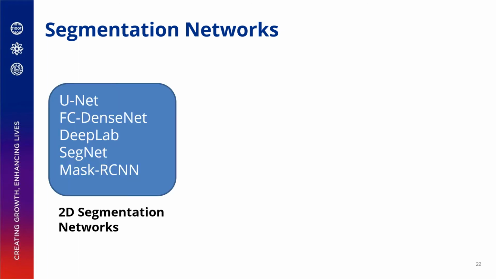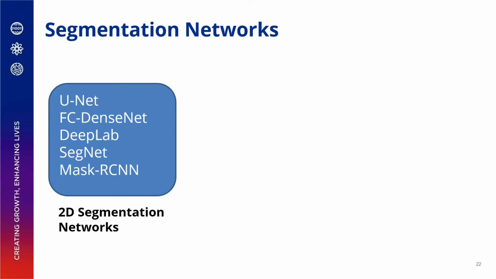Based on these ideas, there are a lot of segmentation networks, both in 2D and 3D. In 2D, the major segmentation networks you could look at are UNets. These are binary networks, more or less state of the art. You have your DenseNets, which were designed for classification but have been extended to do segmentation as well.